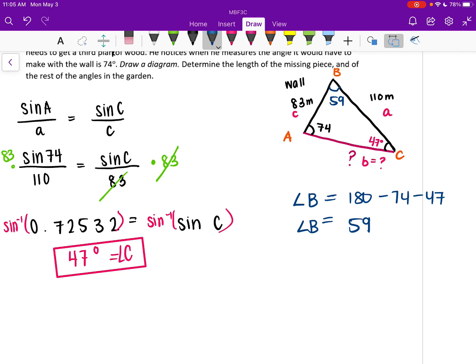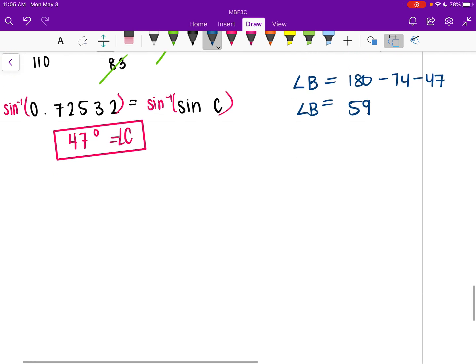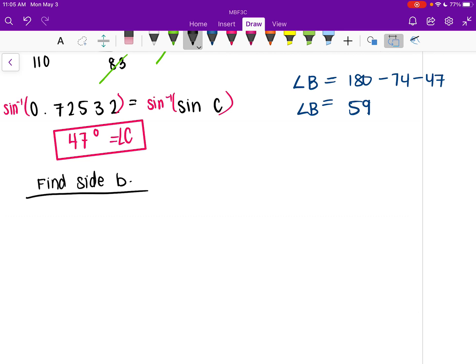Because I have enough of that ratio. So let's find side B. And in order to find side B, I'm going to do the same thing. I'm going to say, okay, A over sine A is equal to B over sine B, right?